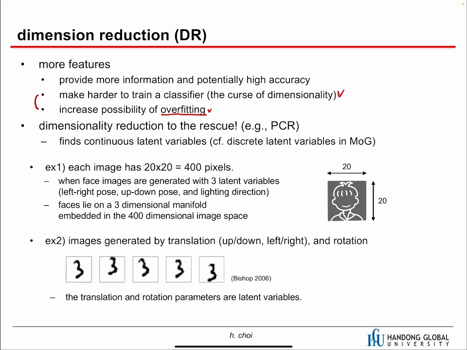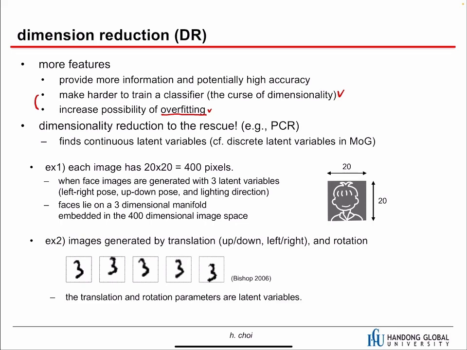So in that case, we have a lot of features, but we don't have many samples. Then this is a problem. In this case, dimensionality reduction algorithms come to the rescue, like PCR, principal component regression. They don't use all the features as they are. They reduce the dimension first.